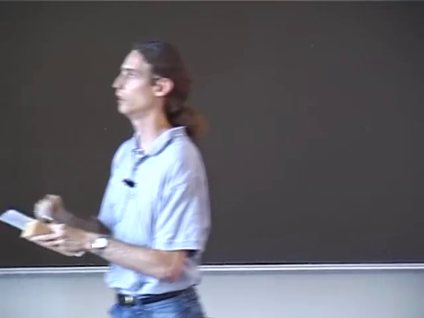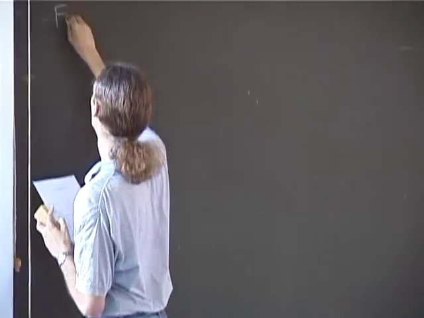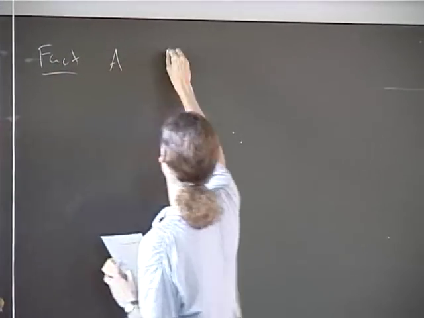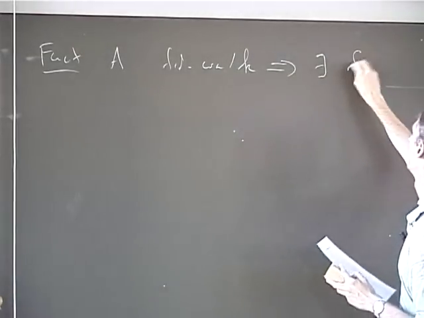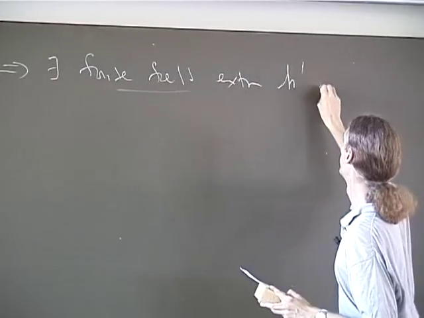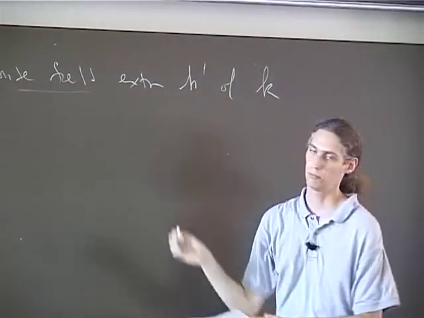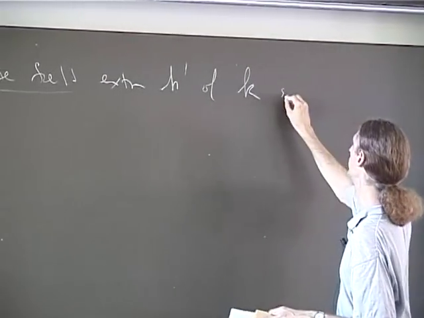So let me just write down an example. So first of all, a fact. Then after taking a finite field extension, you get a matrix algebra.